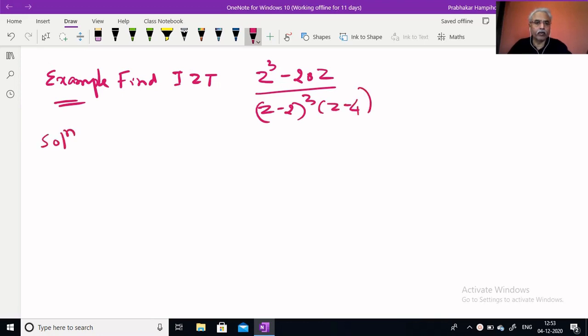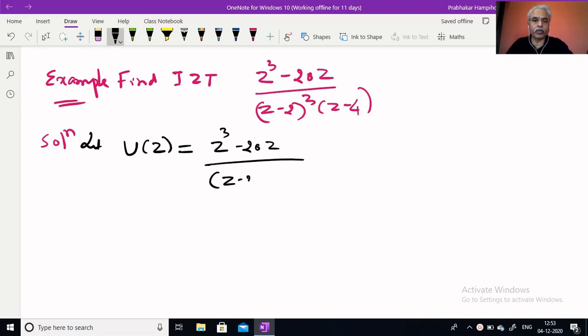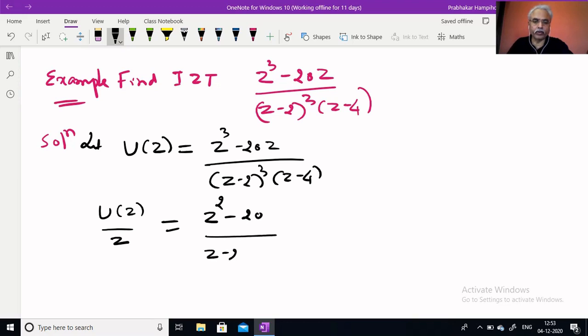In the solution, let the given function be U(z). Usually we take U(z) upon z, so the numerator on the right-hand side becomes (z² − 20) divided by (z − 2)³ into (z − 4).